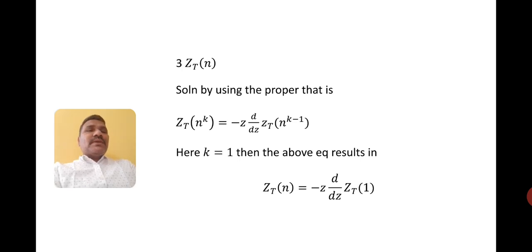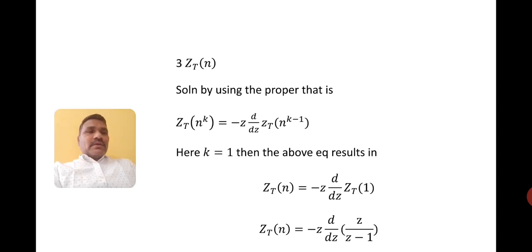Now I am taking the k value as 1 in the formula. So you will get the Z transform of n is equal to minus z d by dz of the Z transform of 1. You already know the Z transform of 1 is Z divided by Z minus 1. Now do the differentiation.